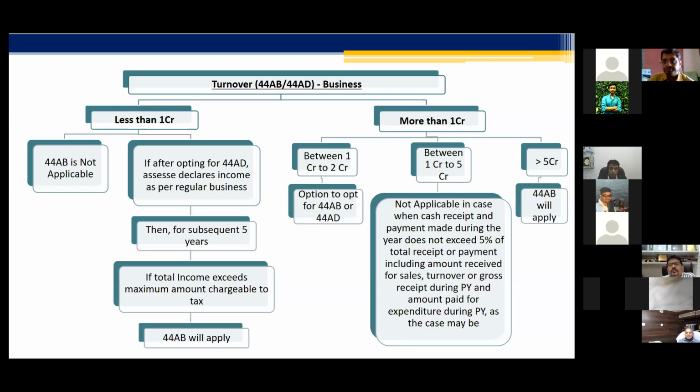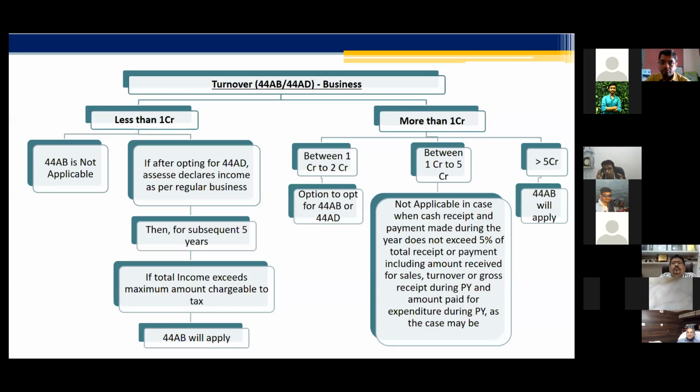But if I decide that in the subsequent years I don't want to opt for 44AD, then again, going to the chart which I have shown on the bigger screen, once opted and then opting out of 44AD, audit again becomes compulsory. So between 1 crore and 2 crores also, I can stay out of audit if I'm offering tax under 44AD on a presumptive basis. But after offering, if I come out, audit will be compulsory.